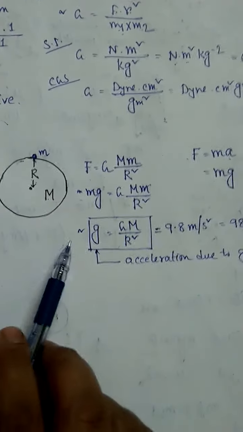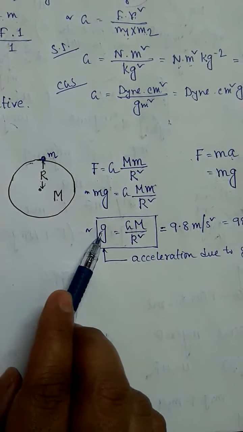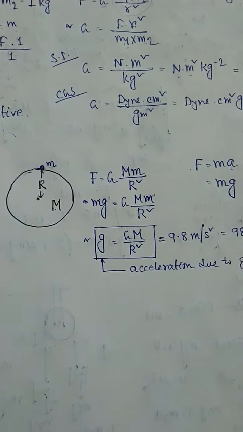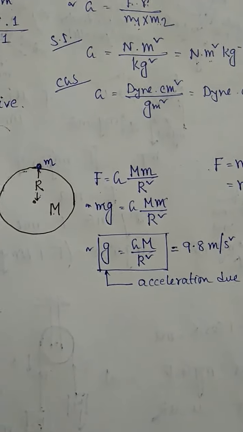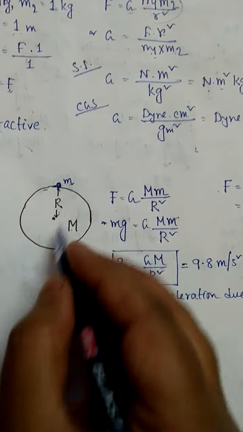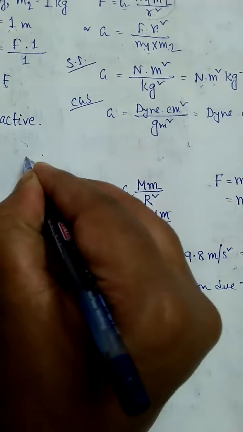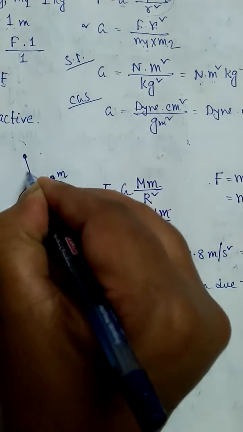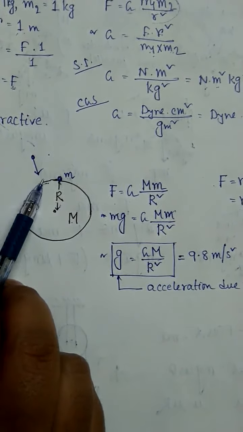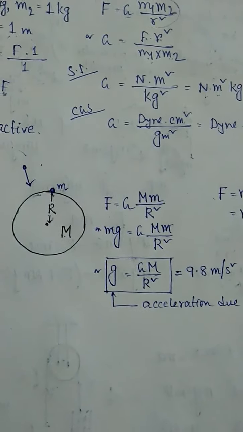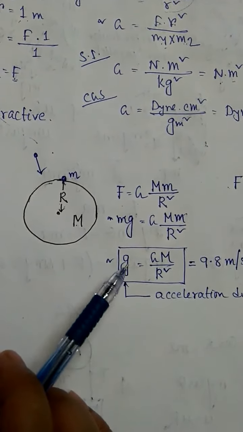This is already given in your book. Now, how to define this acceleration due to gravity? This is very easy. The rate at which the velocity of a free falling body increases. So let's say this is an object coming towards Earth. That means it's free falling. So how are we defining this g?